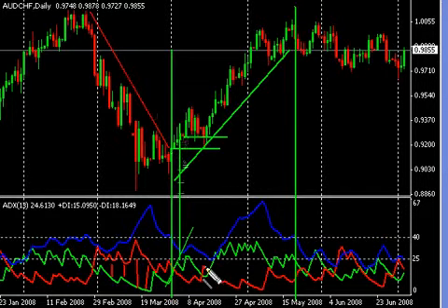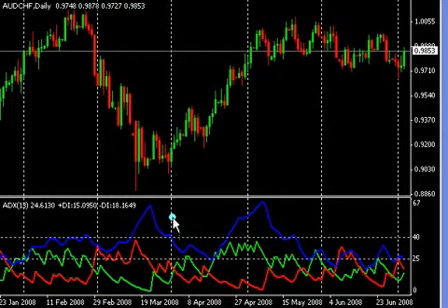Other traders will wait until we actually get a change in trend. What happens is the actual DMI, or the ADX line, the blue line, is the measure of the trend strength, so you can use that as a buffer.